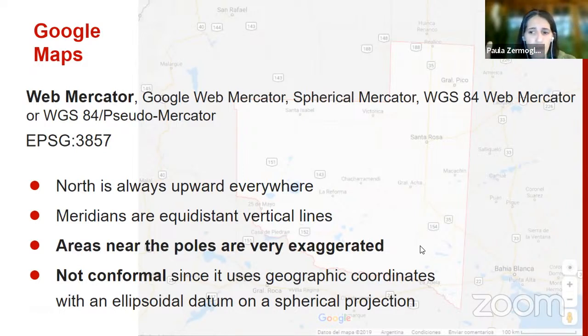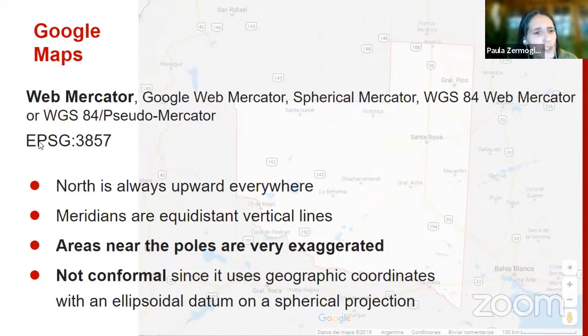As we were seeing before, Mercator, Web Mercator and Transverse Mercator have a lot of distortion at the poles. And it's not conformal. It means it doesn't keep exactly the shapes of things, because it's using geographic coordinates with a datum on a sphere projection.